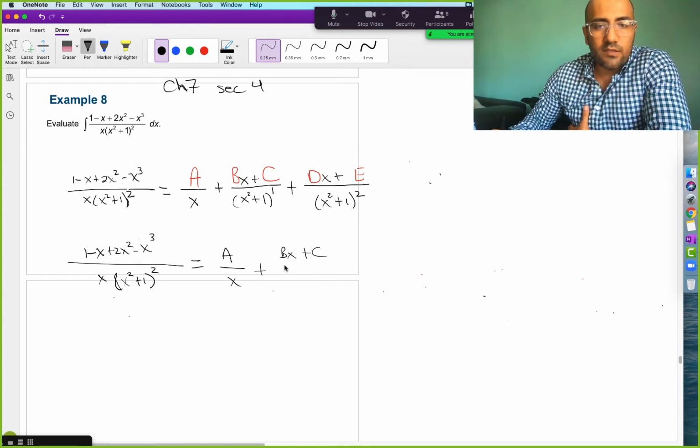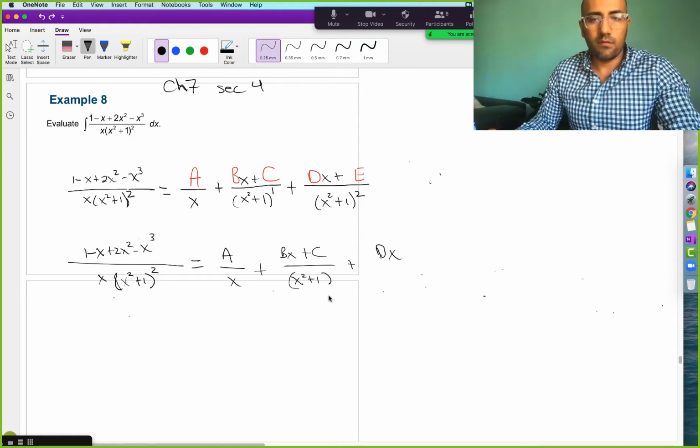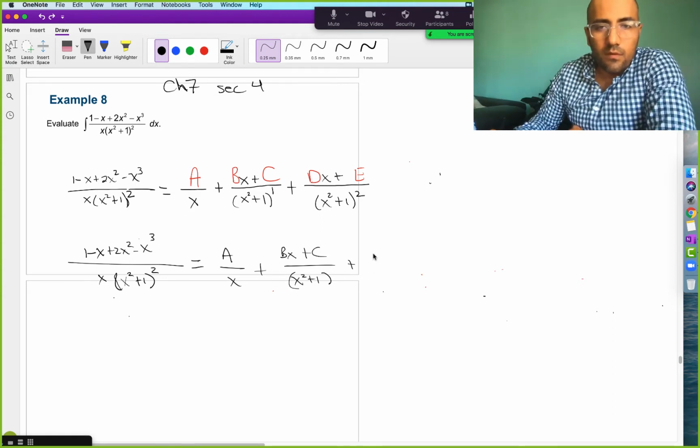(Bx plus c) all over (x squared plus 1), plus (dx plus e) all over (x squared plus 1) squared.